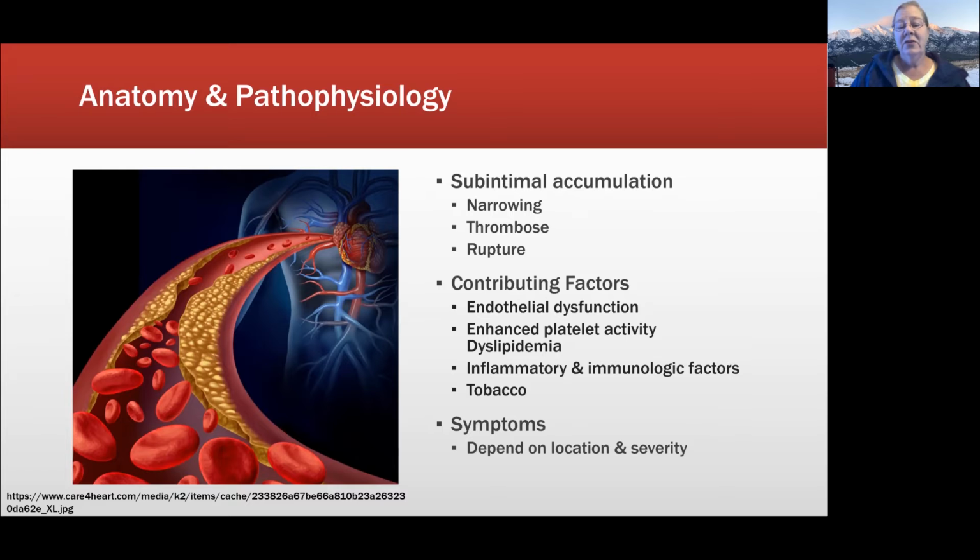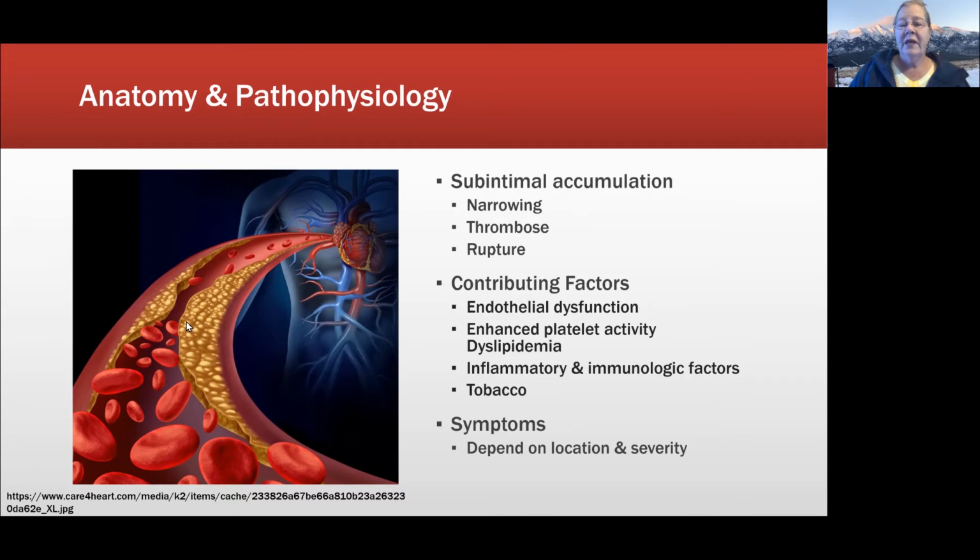Tobacco use is going to be a really big issue for patients like this, because tobacco and the nicotine in tobacco causes blood vessels to constrict. Well, you can see if we have this small space here to begin with, and then we constrict, there is no more space to work with.